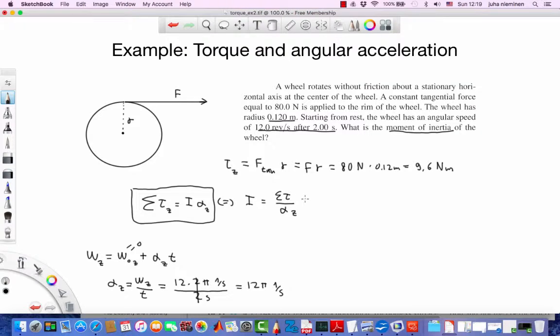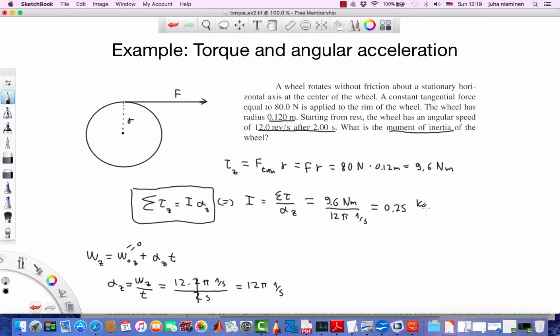Okay, so now that we have found that, we can go ahead and put the net torque there. So that's 9.6 newton meters divided by the angular acceleration that we just got. So 12 pi radians per second squared. And the magnitude is 0.25. Well, let's see that we get consistent units. So newton meters.